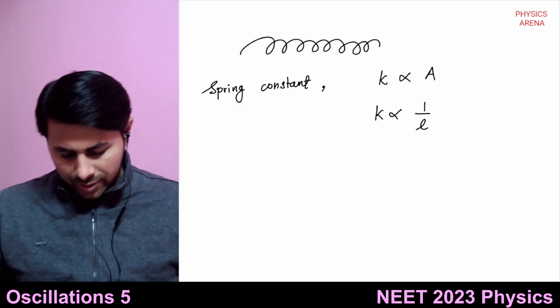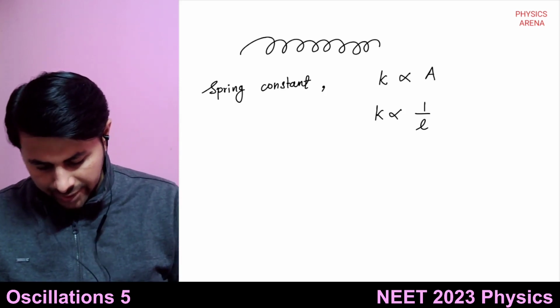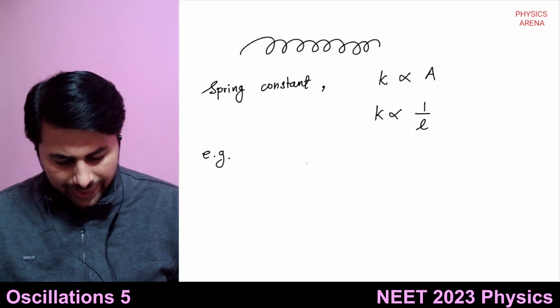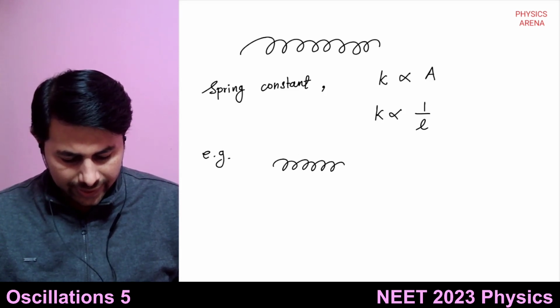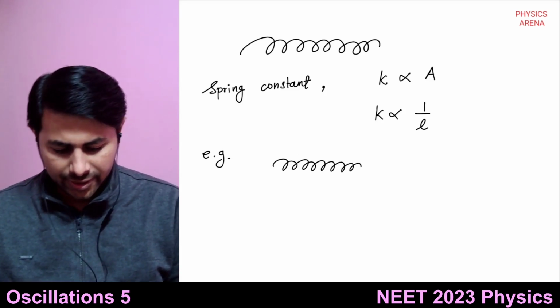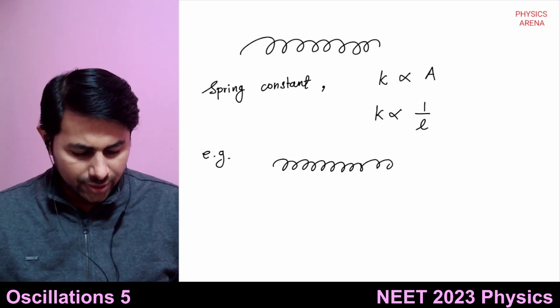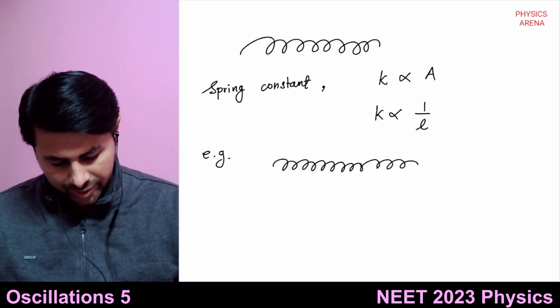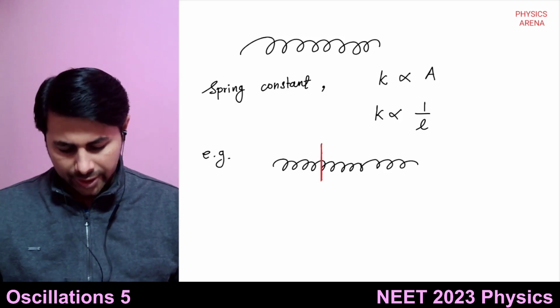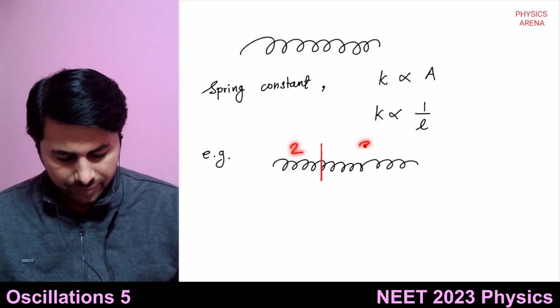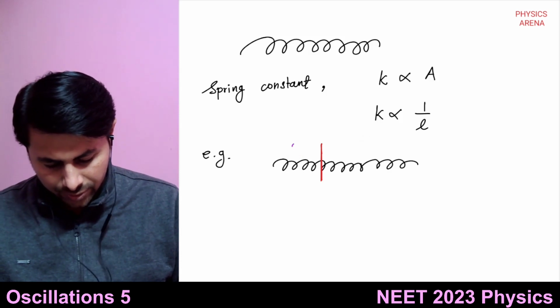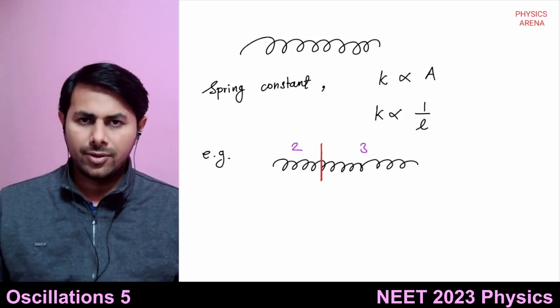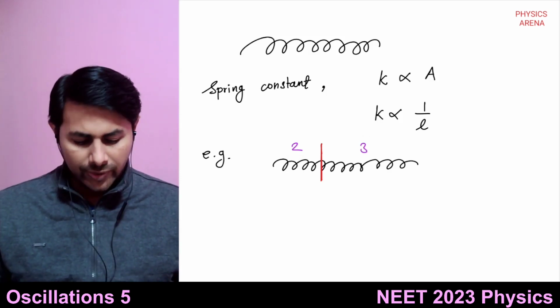So for example, let's suppose I take the spring and cut it in the ratio 2 is to 3. So I cut it from here in the ratio 2 is to 3. So this is 2, this is 3, right? So now what will happen?